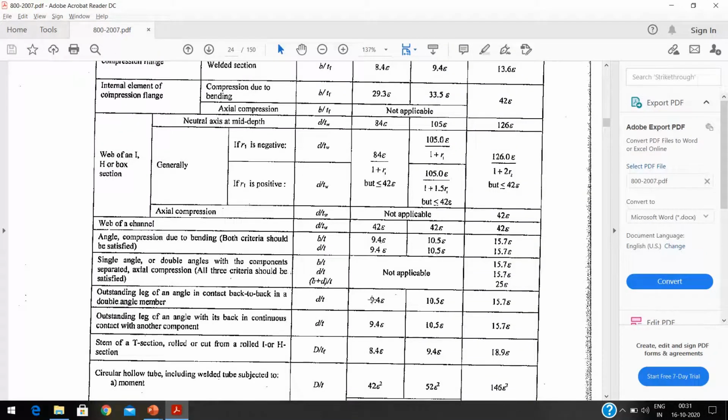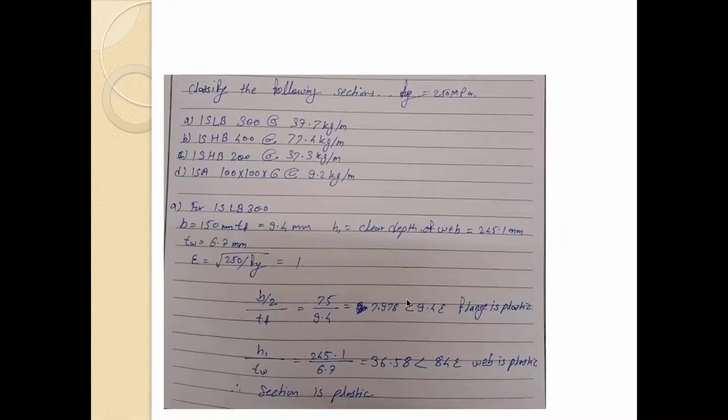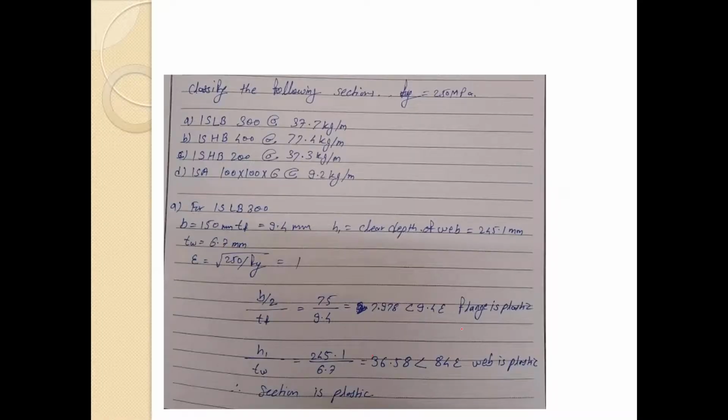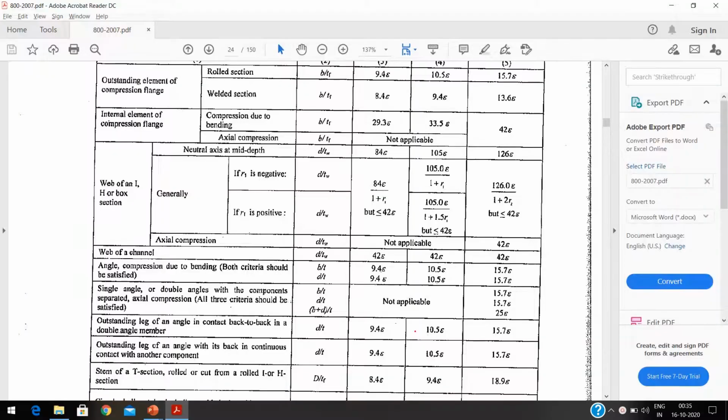You have to check these conditions. Then this H1 divided by TW, that is this depth divided by this, is 36.58, which is less than 84 times epsilon. So we need to check these two conditions in this table, that is in the code.